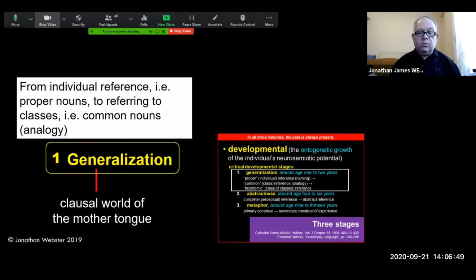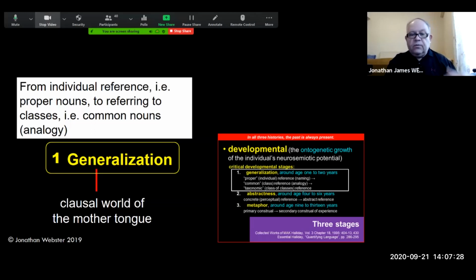That means they go from just using proper nouns, addressing mommy, daddy, to being able to think in terms of classes of nouns: that's a mommy, that's a daddy. In other words, going from proper nouns to common nouns, and thinking of it in an almost taxonomical way, where you have more than one class of classes, so to speak.